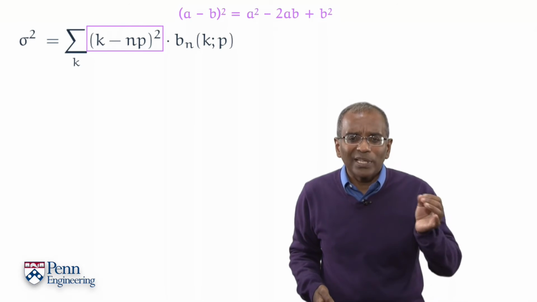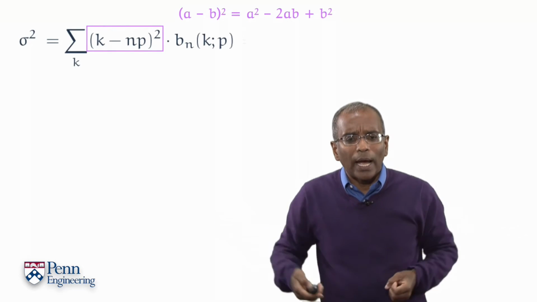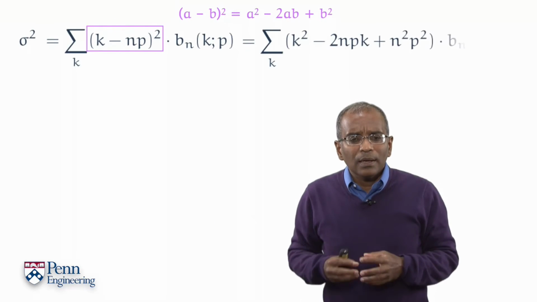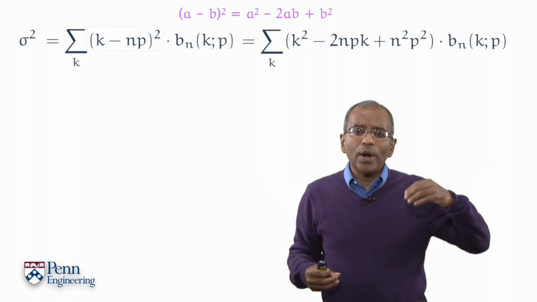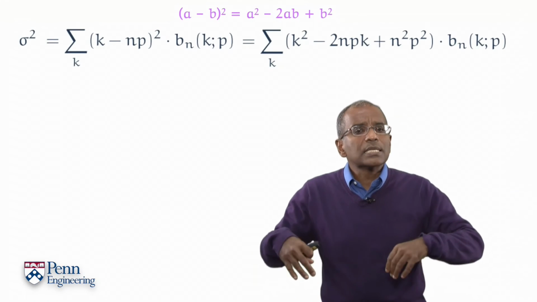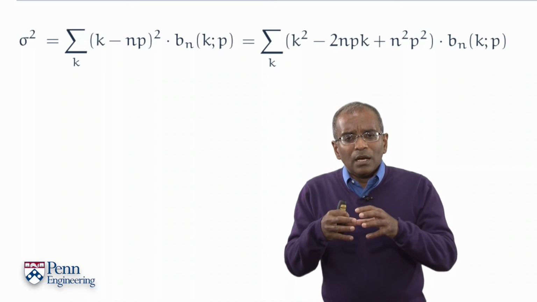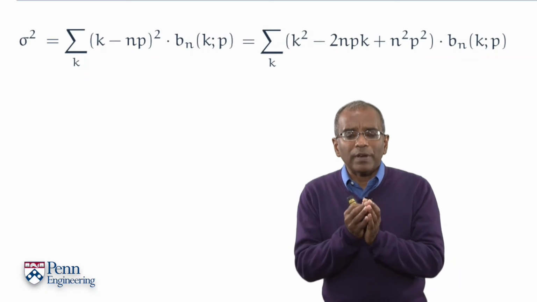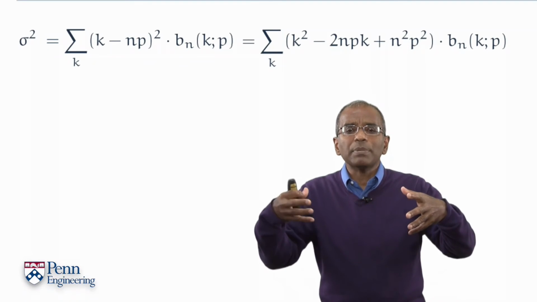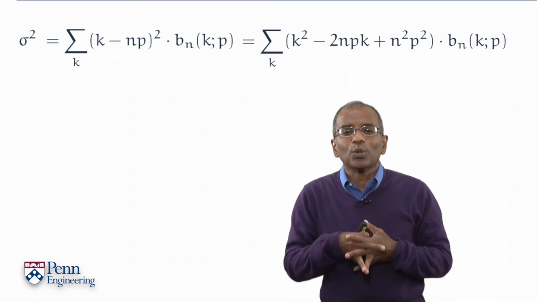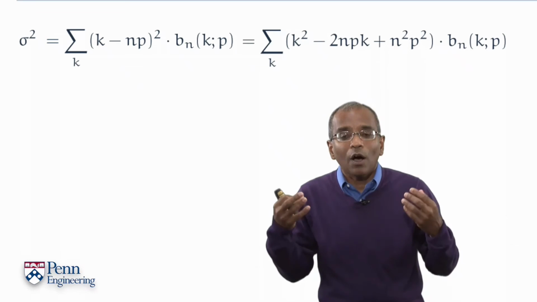Identify a with k, b with np, and expand out the square. The moment we do that, we've got now an expanded square weighted by binomial probabilities summed over all possibilities. One of the great virtues of addition is that the sum of a bunch of objects can be done in any order whatsoever. This is commonly called the associative property of addition.